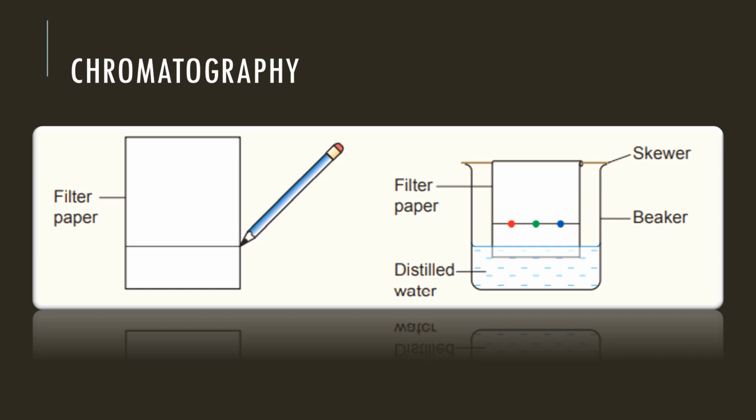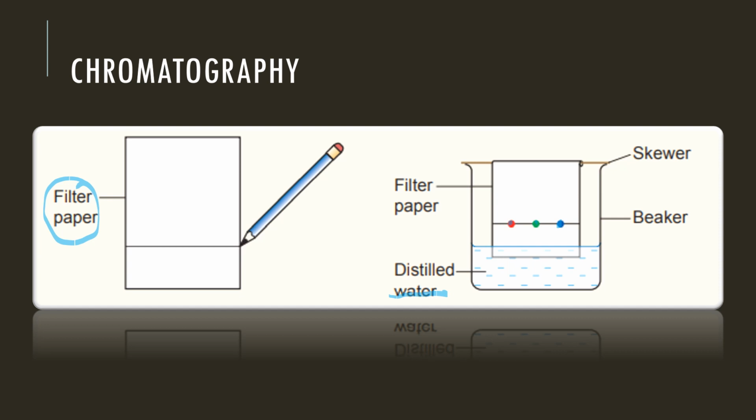Okay, separation methods like filtration and distillation need a large amount of mixture. But if the amount of mixture is small, we can use the chromatography method. Okay, this is chromatography. We use a filter paper and put it inside a beaker containing water, and then the mixture is dropped on the paper.